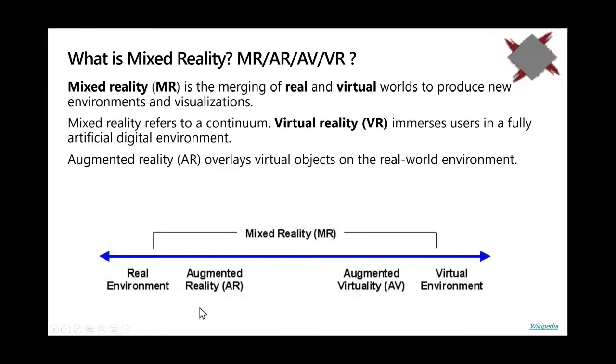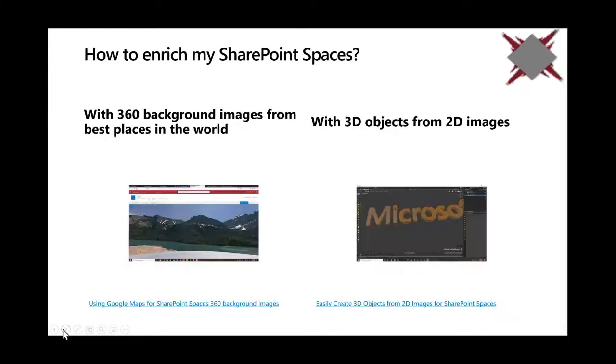You should think of all this as a continuum between the real world and the virtual world. If you have some part of virtuality, you are in augmented reality. And if you are very close to the fully virtual world, you are in augmented virtuality. So this is definitely a continuum of space between both real and virtual.